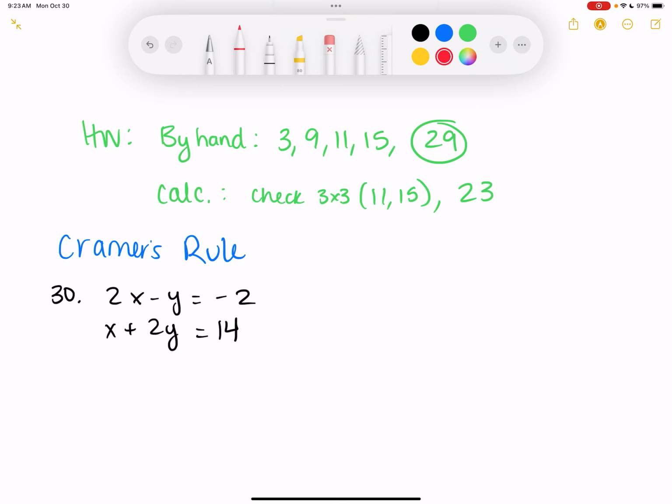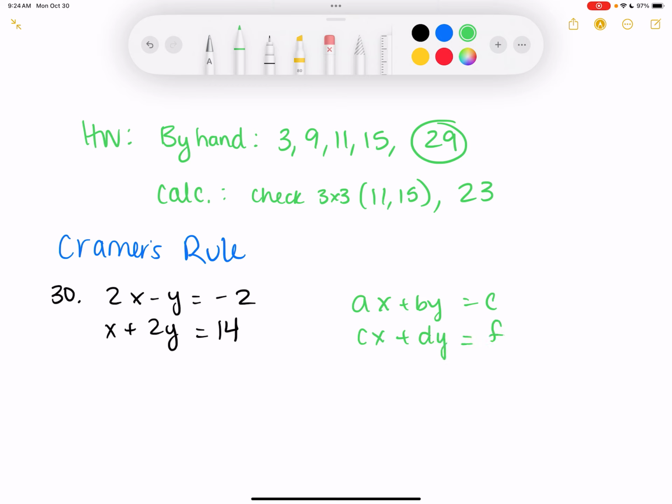So basically we're going to set up a coefficient matrix with each variable, and then the denominator is going to be the determinant. Let me do this really fast so you can have a refresher in case you don't have it in front of you. Ax plus by equals e, and cx plus dy equals f.